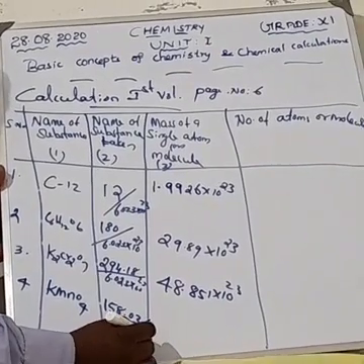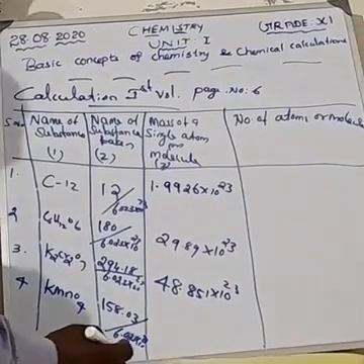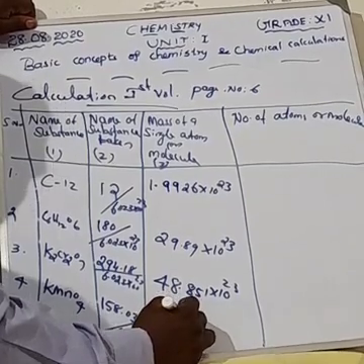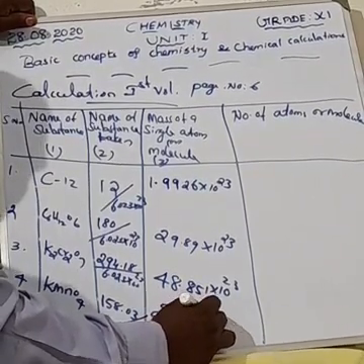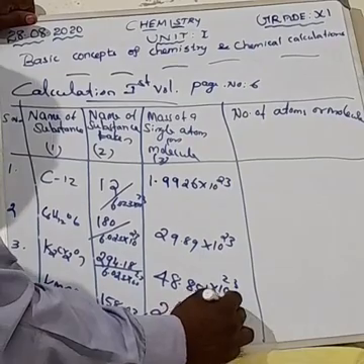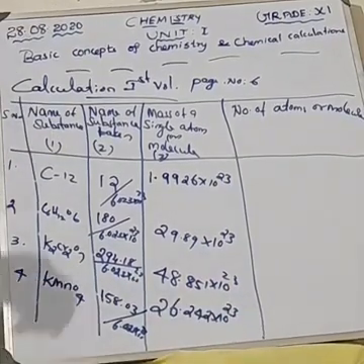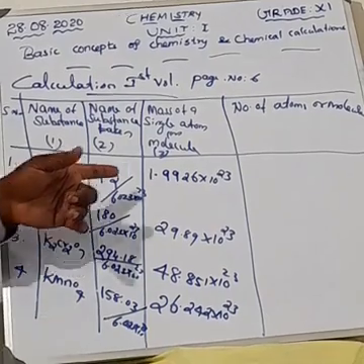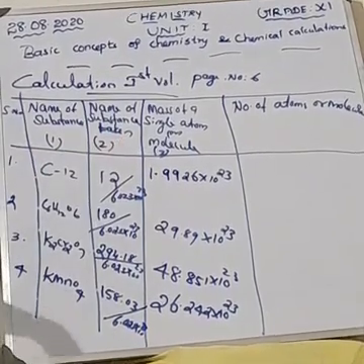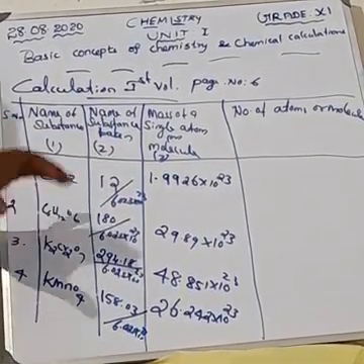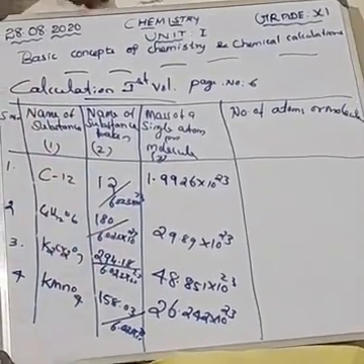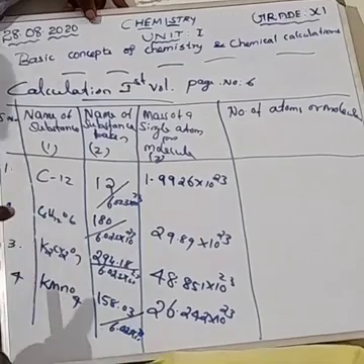What's the answer? 24242 into 10 raised to 23. Please all of you do it with your calculator, not the textbook value. We are simply taking this. Whatever your answer may be, you should use your calculated value. This is a textbook answer.